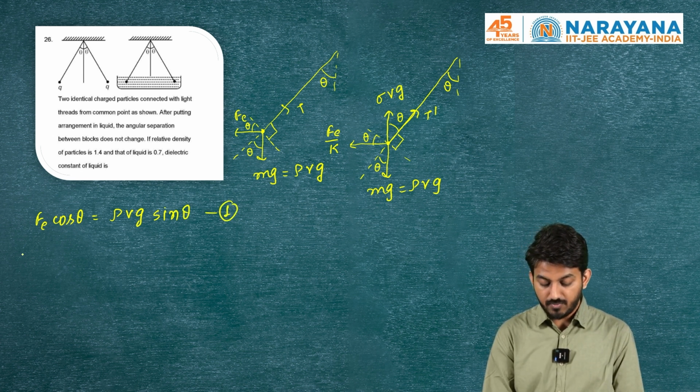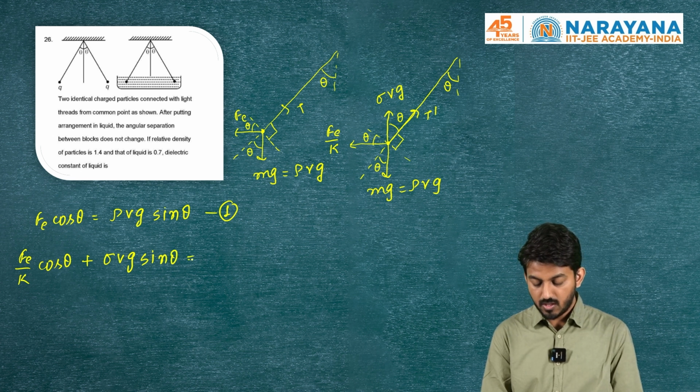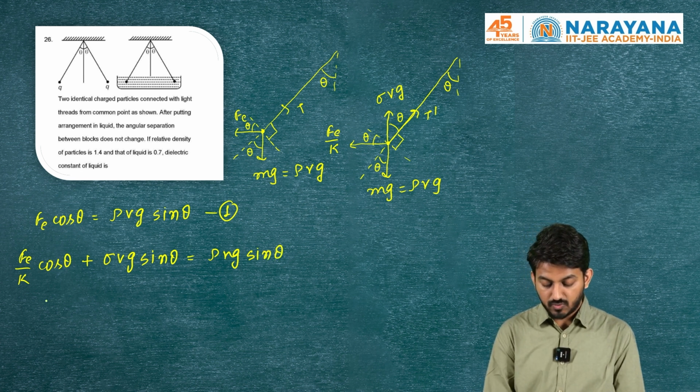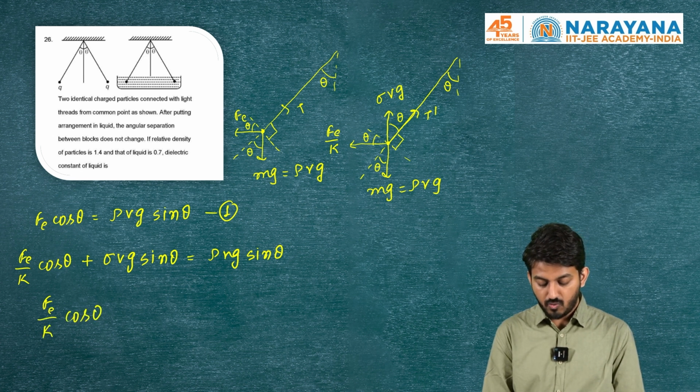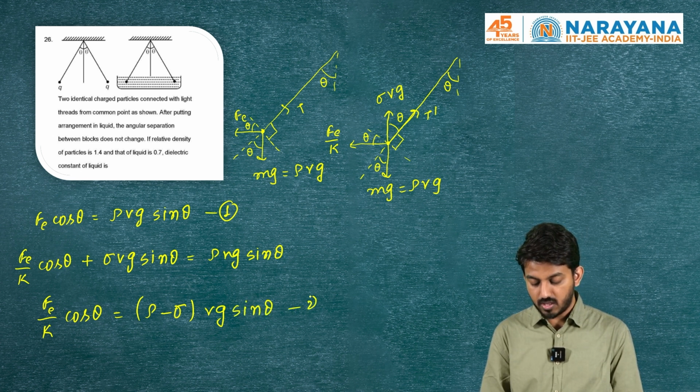And second, I can write down Fe by K cosine theta plus sigma Vg sine theta is equal to rho Vg sine theta. We can rearrange to write this down as Fe by K cosine theta is equal to rho minus sigma times Vg sine theta, giving us the second equation.